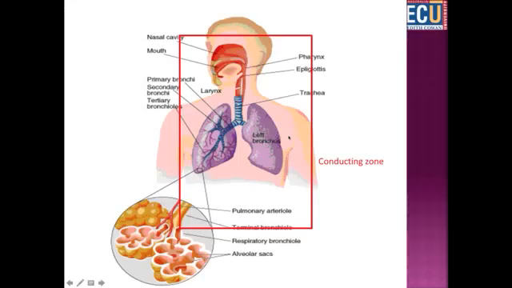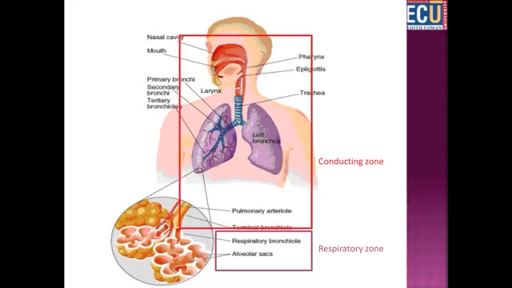So we call this area where we breathe in and it comes into our lungs, into our bronchioles, into our alveoli, the conducting zone. However, the respiratory zone is where it diffuses from the alveolar sacs, the alveoli itself, into the capillaries, and vice versa, from the capillaries into the alveoli. So obviously we know that the alveoli, when we breathe in, are housing specific gases, and the gas that we need is oxygen.